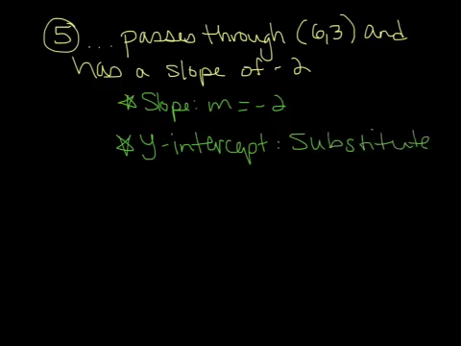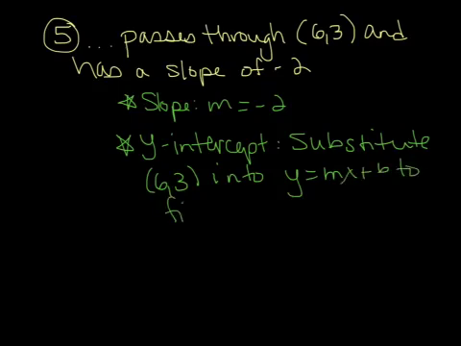We're going to substitute (6, 3) into y = mx + b to find our b. So we know a few things. In (6, 3), the 6 is my x value, the 3 is my y value. We also know our m. In this case, we know that m is -2.